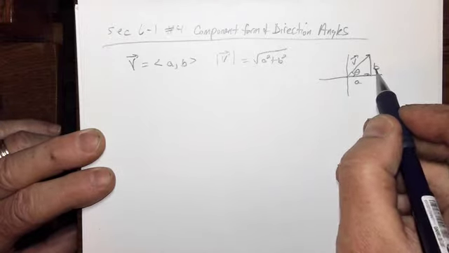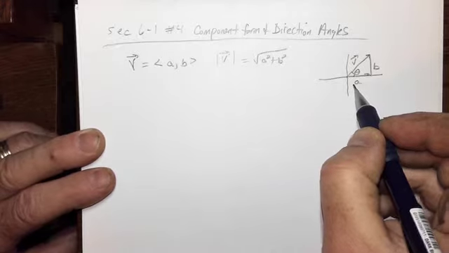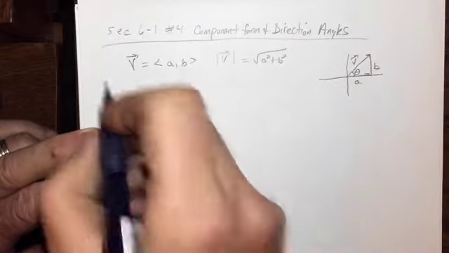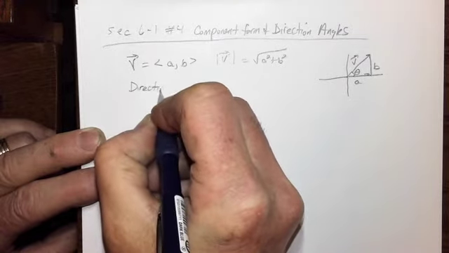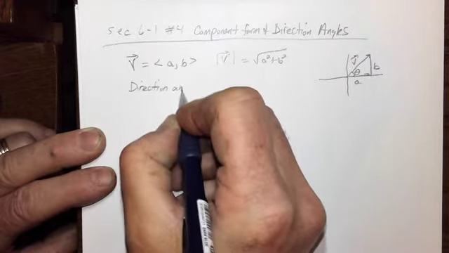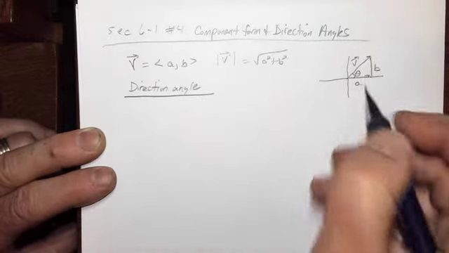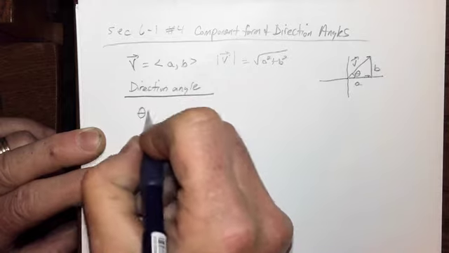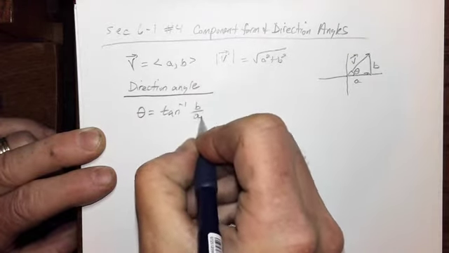Well, the tangent is opposite over adjacent, or b over a, right? So to find that angle, you'd use the inverse tangent. So for the direction angle, once it's in component form, theta is the inverse tangent of b over a.